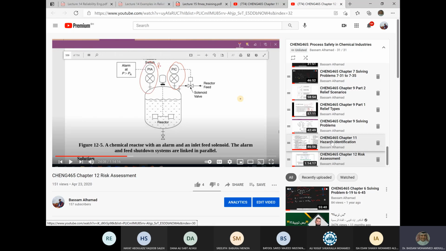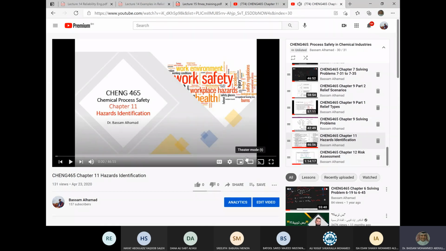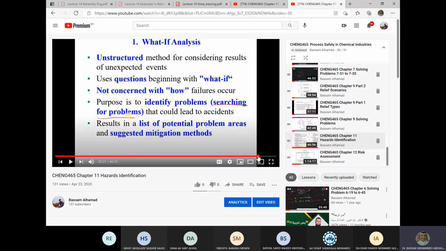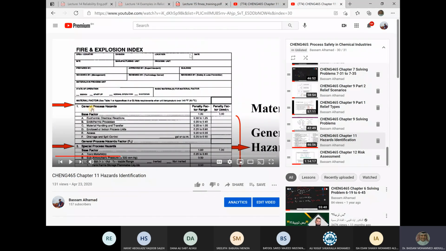Because of chapter 11, which is something really good, there's something called the what-if analysis, which is also used for safety, and it's very important. And there's something called the HAZOP study, which uses the fire and explosion index.